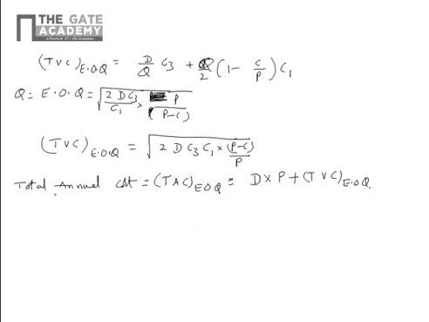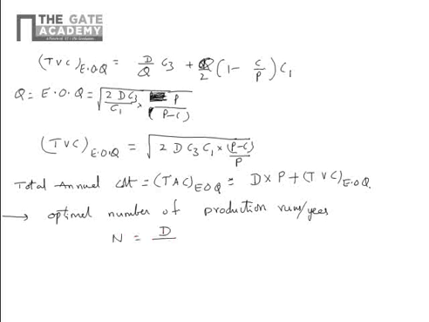Next, similarly, the optimum number of production runs per year. Optimal number of production runs per year is nothing but D by the economic order quantity.